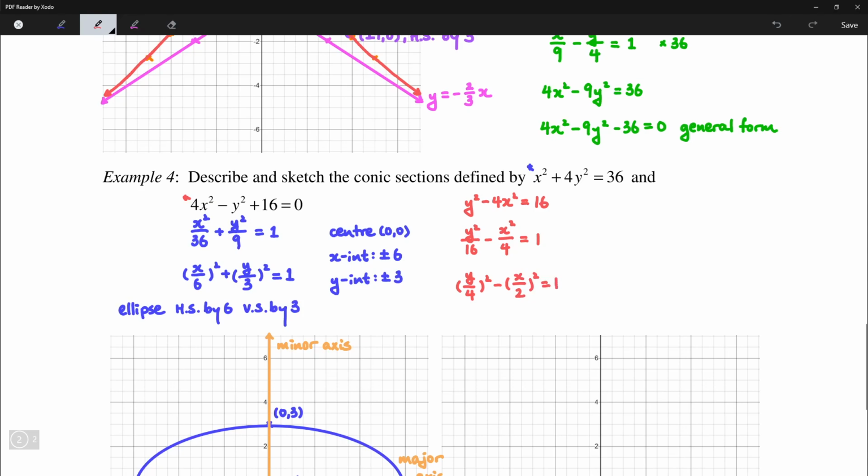So that's going to be the y squared minus x squared equals 1 hyperbola, and then horizontally stretched by 2 and vertically stretched by 4. Let's write that down. So horizontal stretch by 2, vertical stretch by 4.